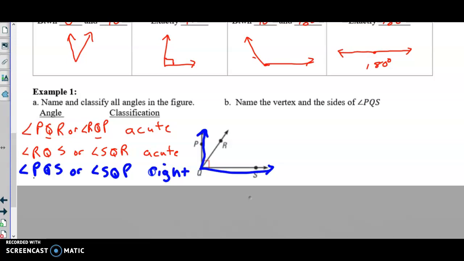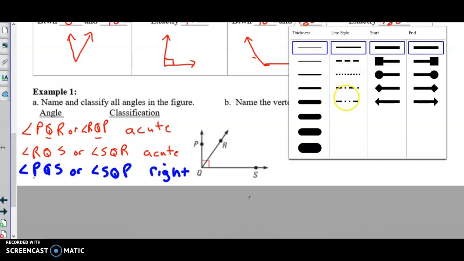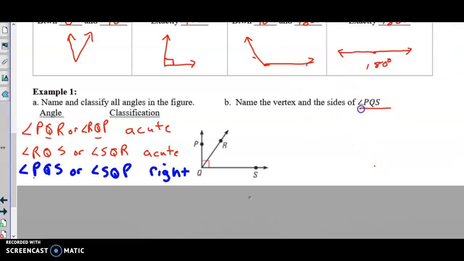Now, as I was doing that, I kind of answered problem B. B says, name the vertex and the sides of angle PQS. Well, angle PQS would be this last one, the right angle that we just talked about. The vertex is point Q. The vertex is always in the middle, and the sides are the two rays.